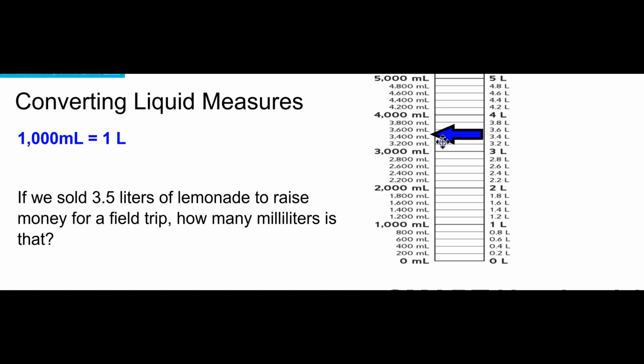So 3.4 liters is equal to 3,400 milliliters, and 3.6 liters is equal to 3,600 milliliters. That means 3.5 liters would be right in between those two numbers. So it must be 3,500 milliliters.